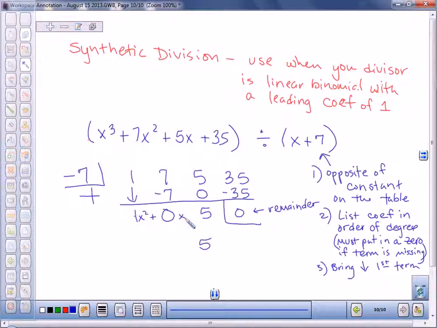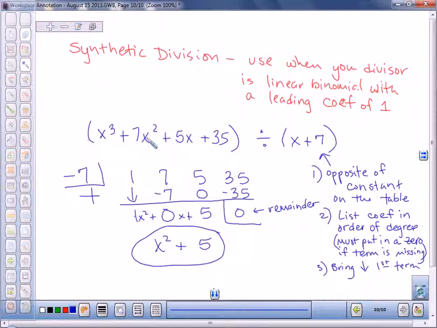Now if I multiply x squared plus 5 times x plus 7, do you see you get this? Because x times x squared is the x cubed. 7 times x squared is the 7x squared. x times the 5 is 5x. 7 times 5 is 35. So we did it right, didn't we?